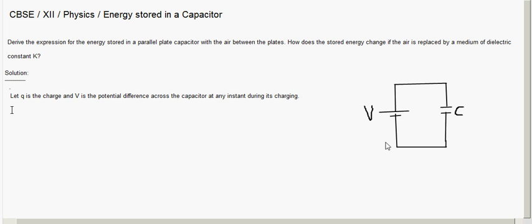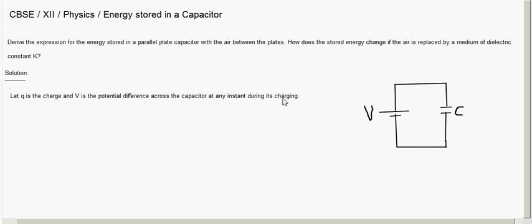So we have assumed small q is the charge and V is the potential difference across the capacitor at any instant during its charging. Now if the charge is increased by a small amount dq, what is the work done in storing this charge?